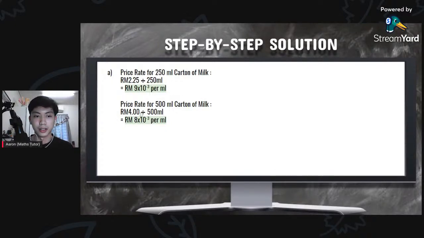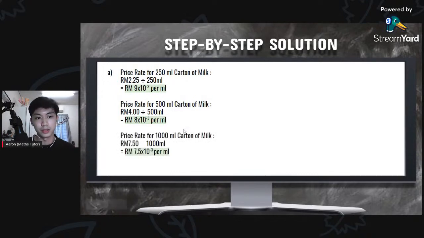You calculate and get 8 times 10 to the power of negative 3 per ml, which is 0.008 per ml. So it's the same concept. We calculate all 3 the same way.